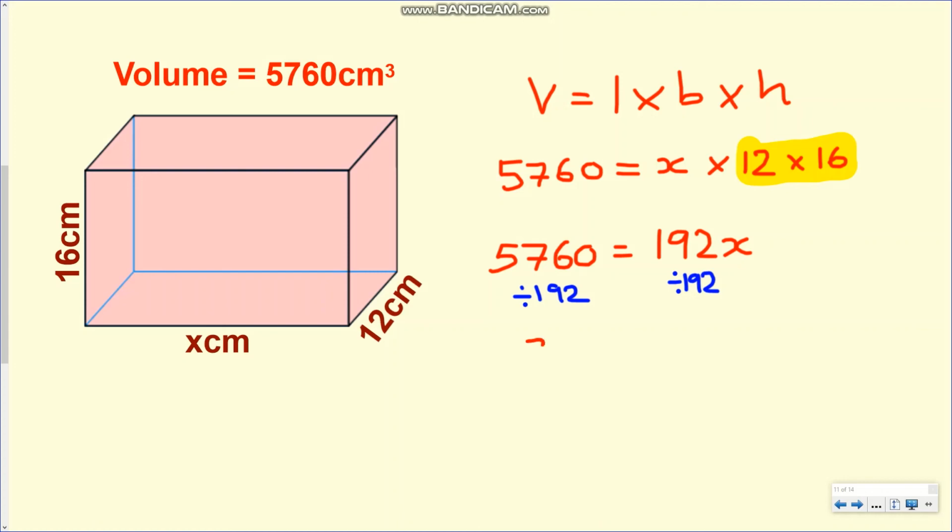So we get 30 equals x, or to spin it around the right way, x equals 30 centimeters. Okay, and that's how you find a missing side of a cuboid if you already know what the volume is. Find out what two of the sides multiplied together are, then divide that into the total volume. That will give you what x is as a number.